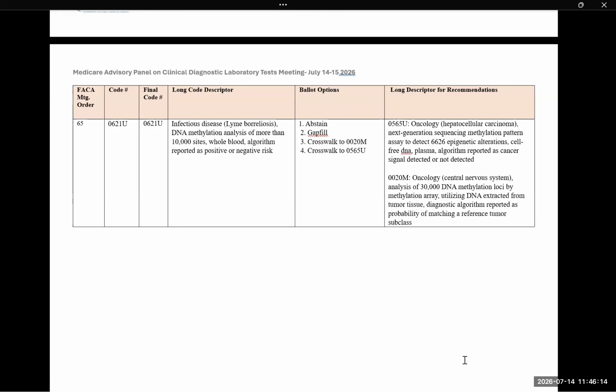And so I would defer to Dr. Leonard's, who has recommended crosswalk to 0565U on the previous MDS-based test. Fantastic. Thank you, Dr. Bridges. All right, panelists, does anybody have any questions or comments? If not, please vote on 0621U.